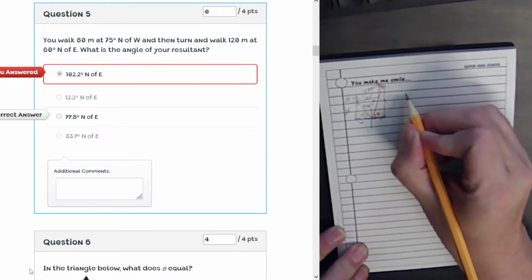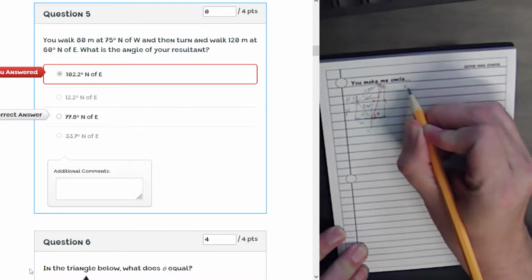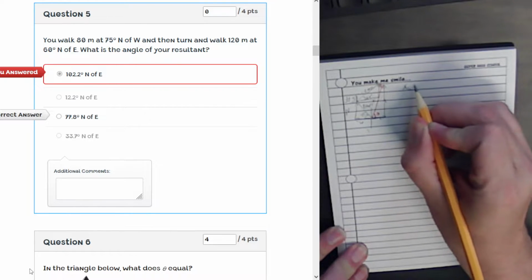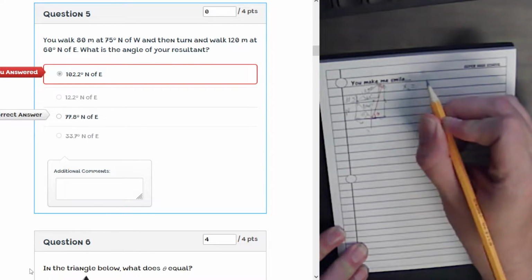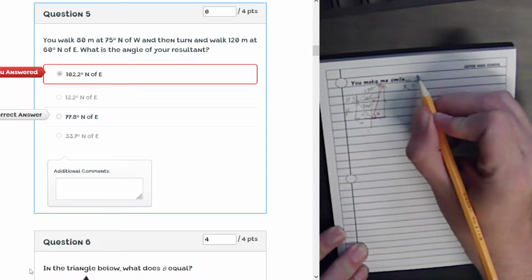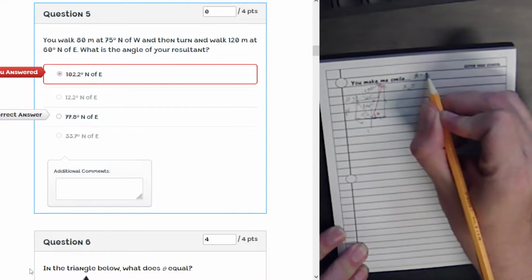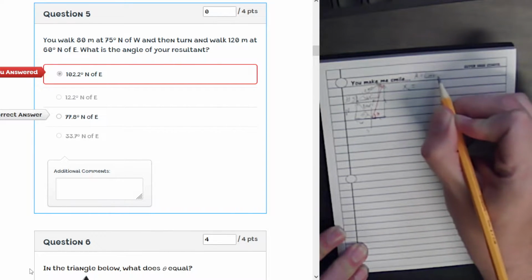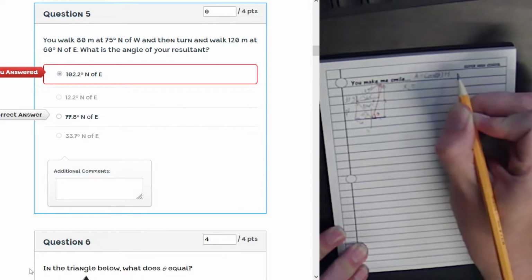To find the x part of the 80, I'll just call it vector 1. Remember, that's going to be your displacement times cosine theta. So let me write this up here. The adjacent side is cosine of your angle times your hypotenuse.